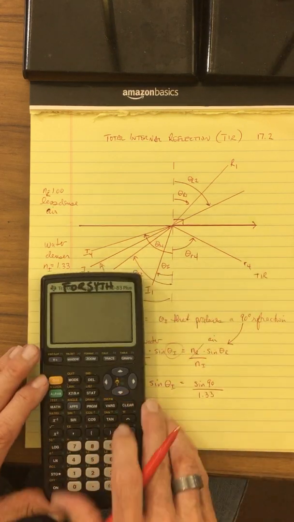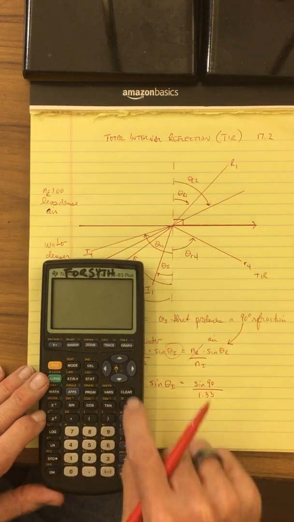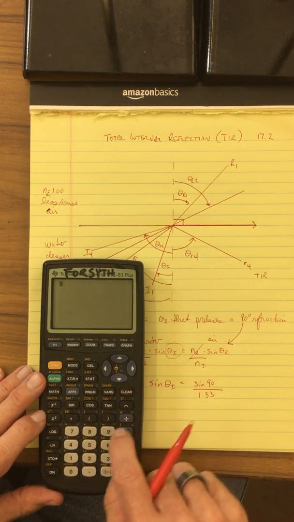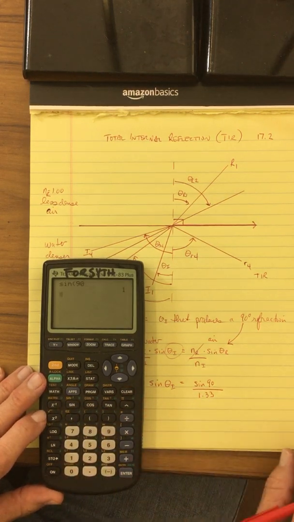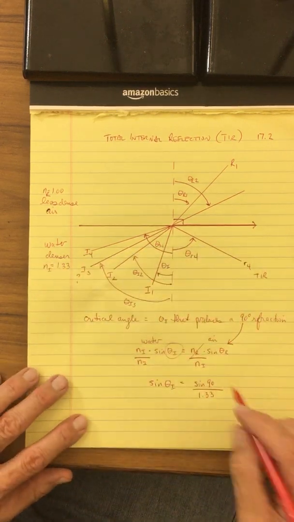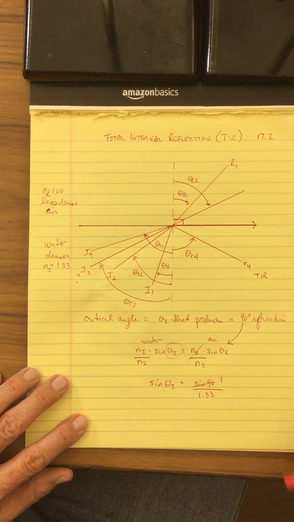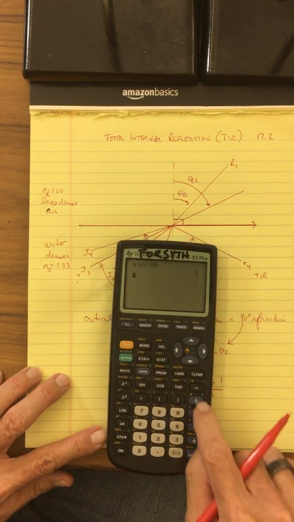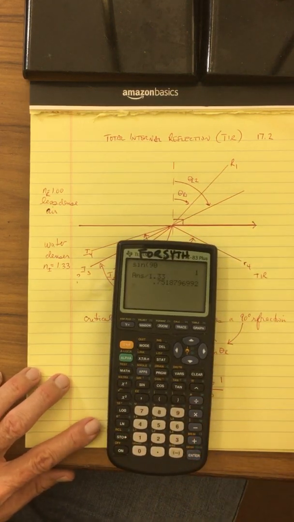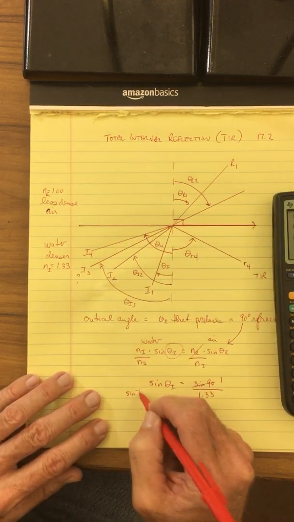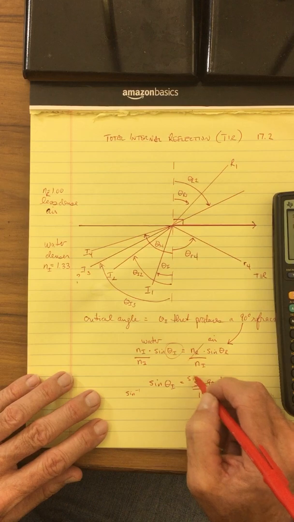Well, if you go on your calculators, you'll see that the sine of 90 is going to be equal to 1. So that's going to all cancel out, and it's going to be 1 over 1.33 divided by 1.33 equals, and now what we need to do is do the inverse sine of both sides.